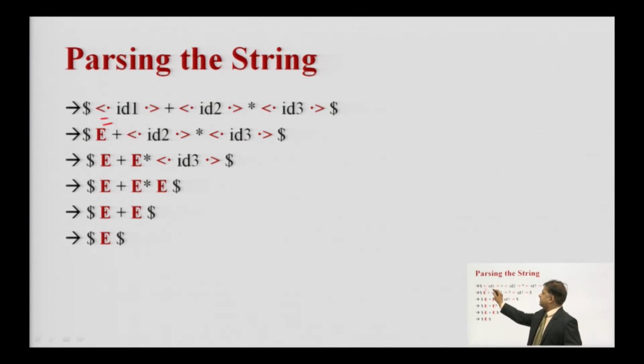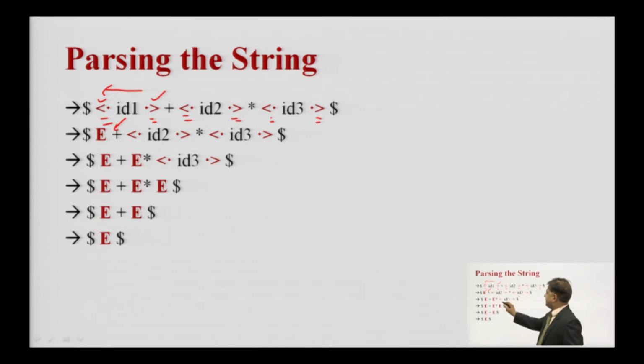Second step, I start inserting the precedence relation between the terminal symbols. Next step, I start scanning the string until I get the higher precedence relation. Then again I start backward until I get the less precedence relation. इसके बीच में जो भी चीज़ आती है, I reduce that with the E.